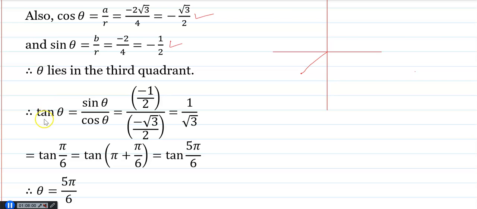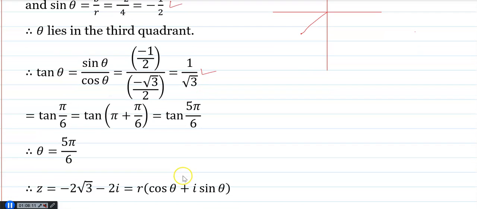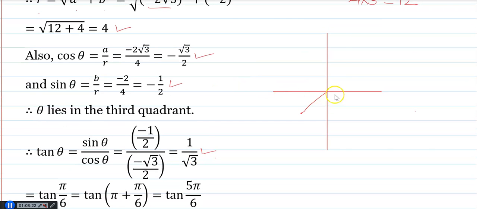But how is it? Tan theta is equal to sin theta upon cos theta, that is minus 1 by 2 upon minus root 3 by 2. You will get 1 by root 3, which is equal to tan of pi by 6. Sometimes tan is positive, and someone may say it lies in the first quadrant.